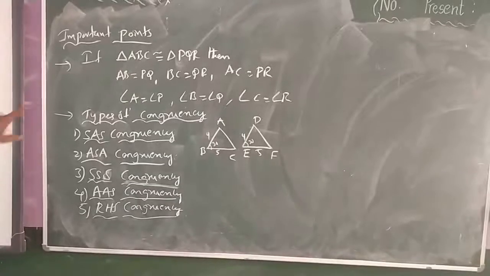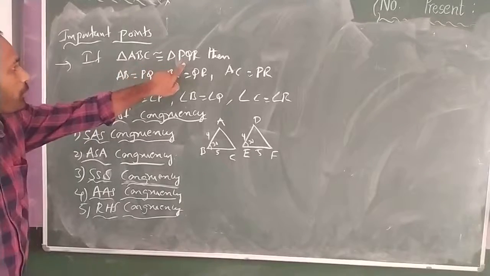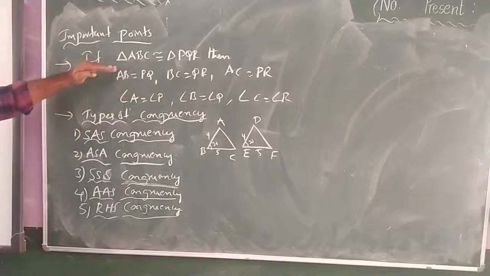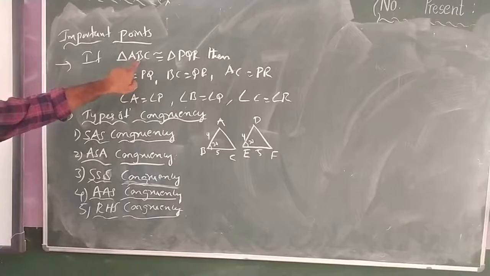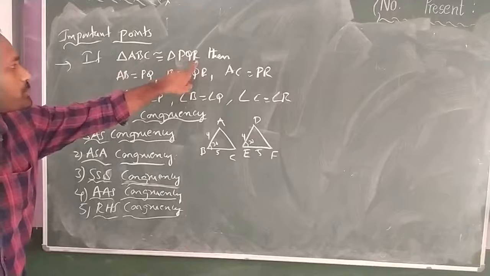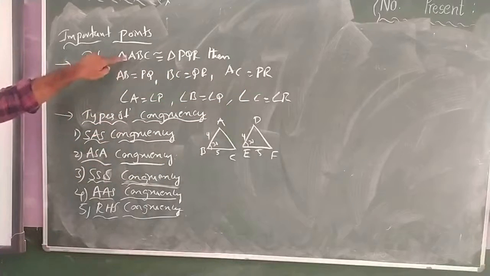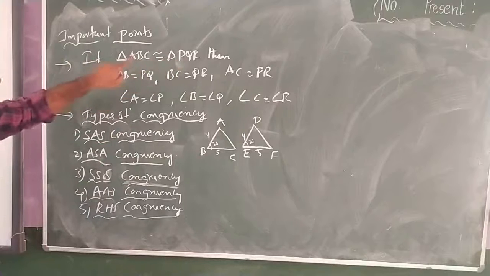Next point. If I am saying that triangle ABC and triangle PQR are congruent, then the corresponding sides are equal. It means AB is equal to PQ side, BC is equal to QR side, AC is equal to PR side. Next, the corresponding angles are also equal.